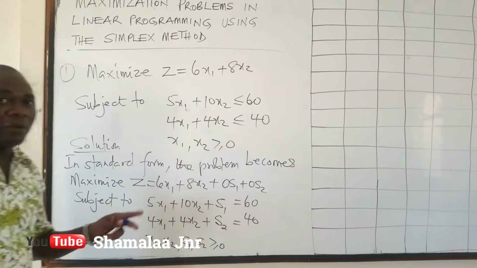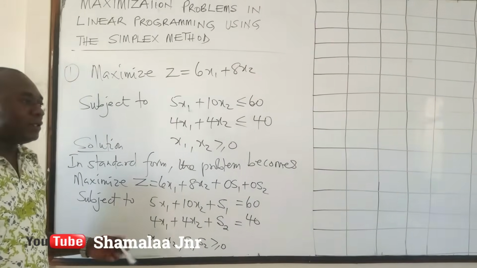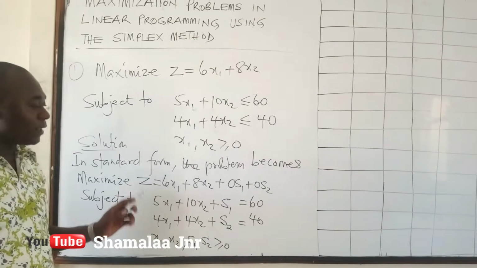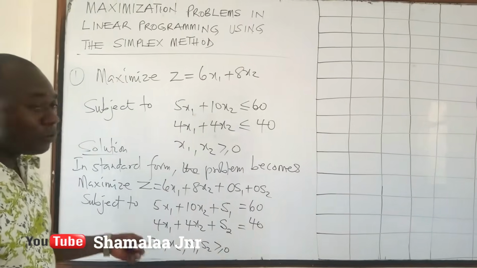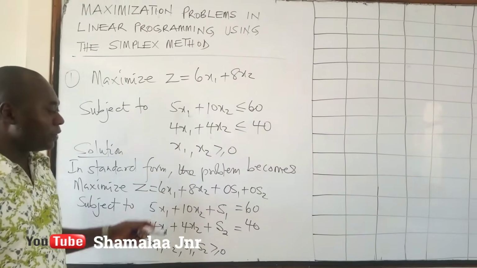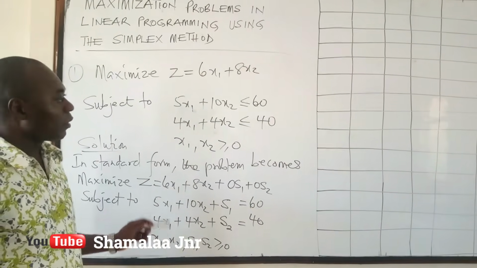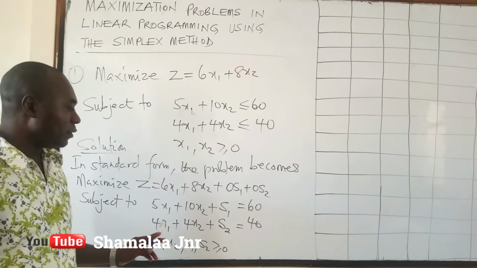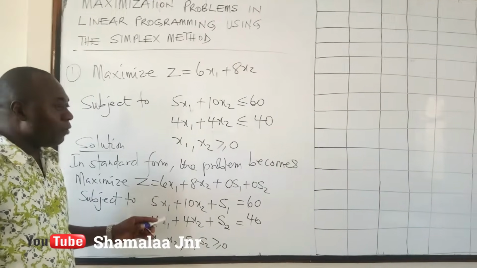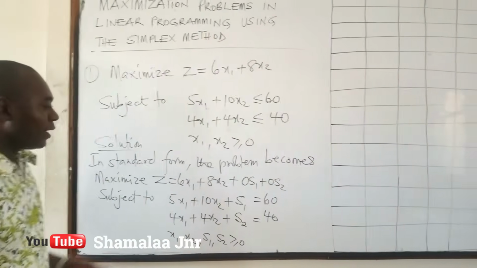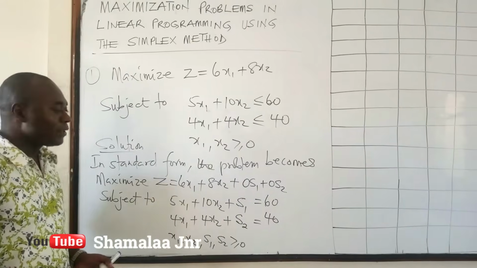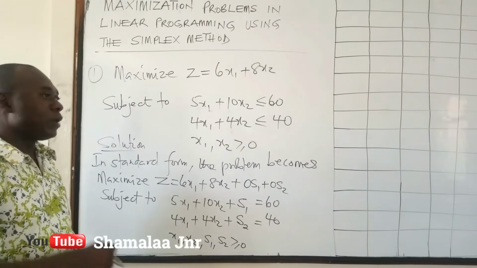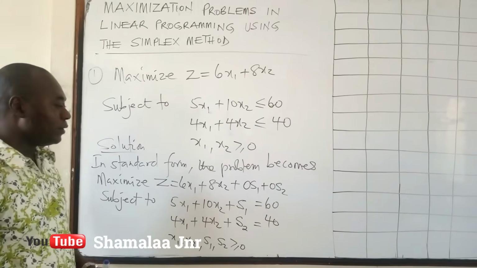A slack variable is therefore a non-negative variable which is added to the left hand side of a less than or equal to constraint to transform it into an equality constraint.